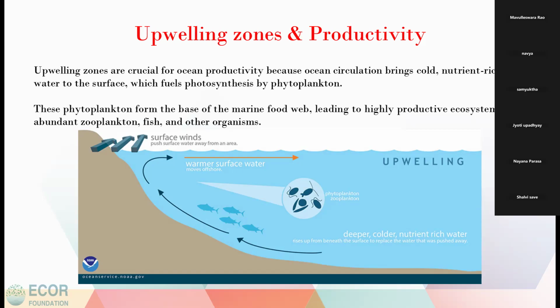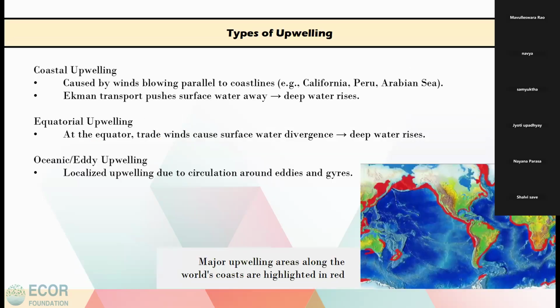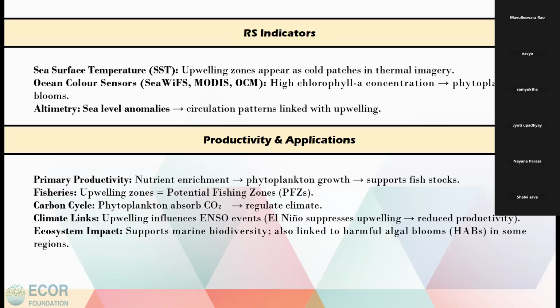So this is a key zone for sustainable fishing. Types of upwelling, you all know: coastal upwelling, equatorial upwelling, and oceanic or eddy upwelling. Remote sensing indicators here also include SST, ocean color sensors like MODIS, SeaWiFS, and OCM, and altimetry, that is, the sea surface height.